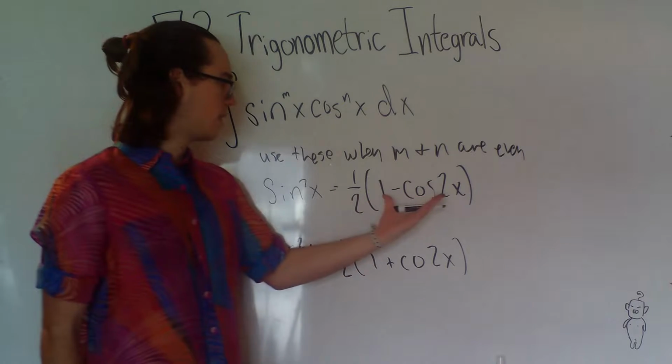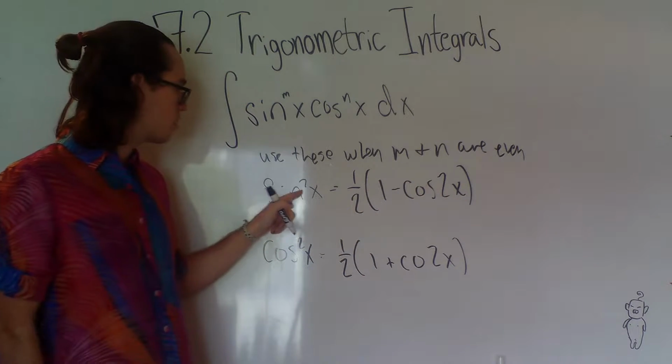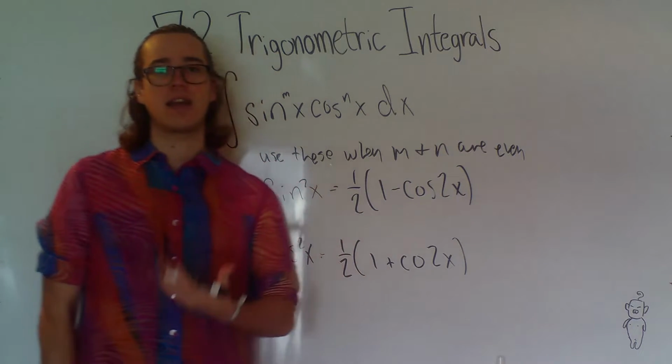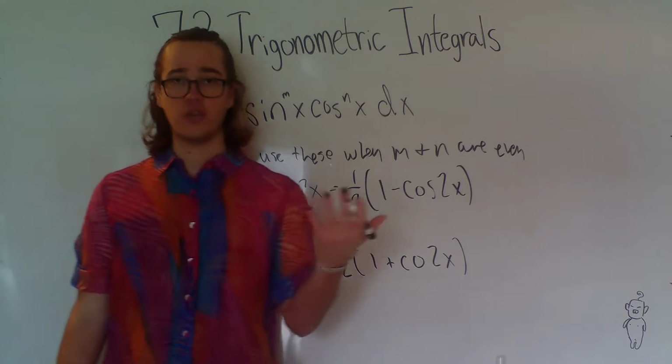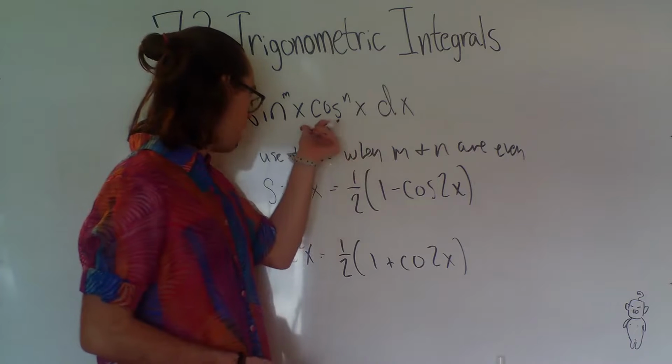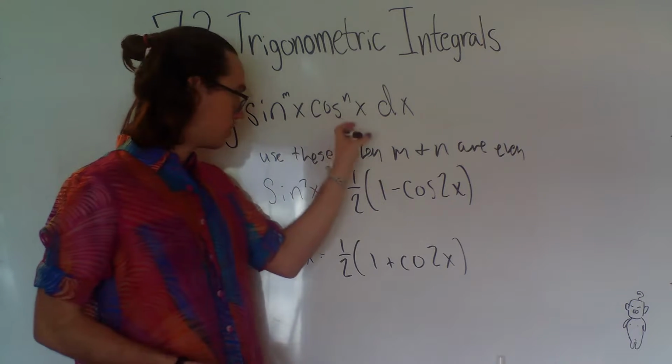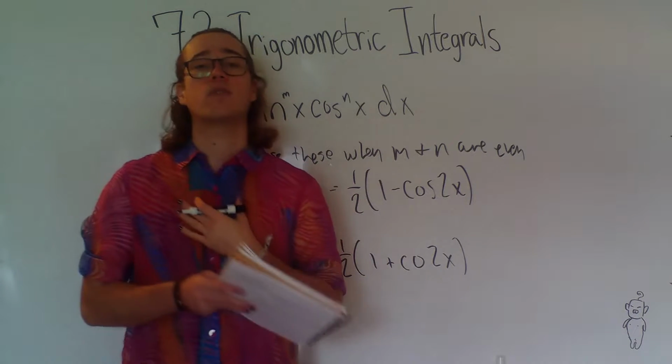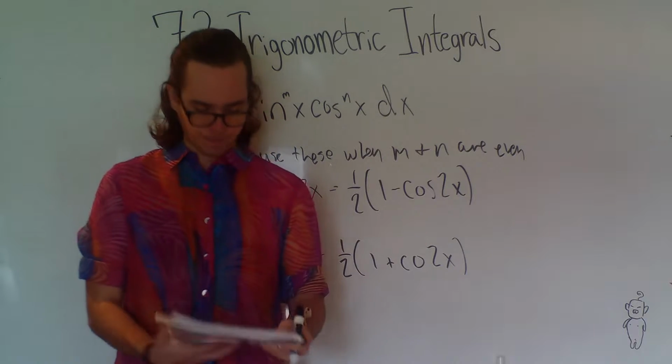We may be able to find an even power if maybe this was sine to the 6th. Well, that's sine squared cubed. And then we may have something we can work with, because we can do the substitutions when they're even.